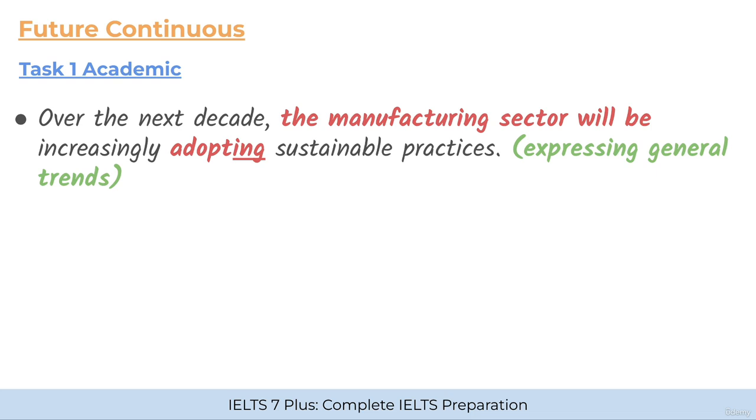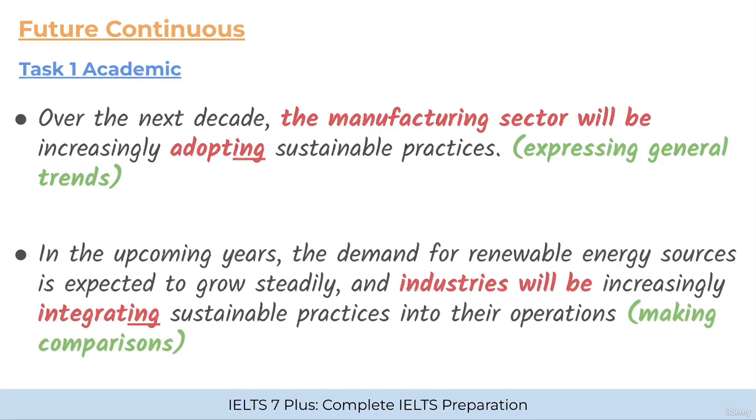So just something to be aware of, but it didn't stop us from being able to spot the tense. Okay, and the last one I've highlighted, industries will be integrating, and we've got another increasingly there actually, because adverbs are really nice to add into your task 1 to show how something is happening. So that's just a tip for task 1 there.